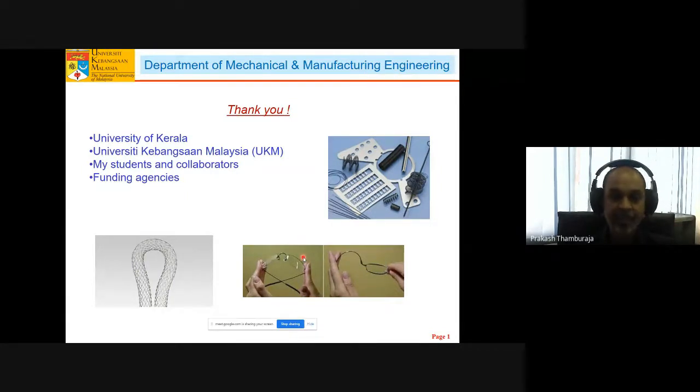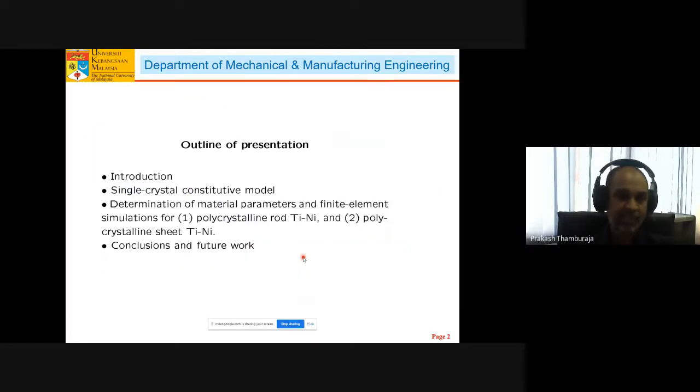So without further ado, this is the basic outline of my presentation. I will briefly describe the microscopic phenomena observed in shape memory alloys and its manifestation in the macroscopic sense, because whatever macroscopic behavior you see during your experiments has a microscopic manifestation. Then, with just one slide, I will briefly describe the basic governing variables to the mathematical equation.